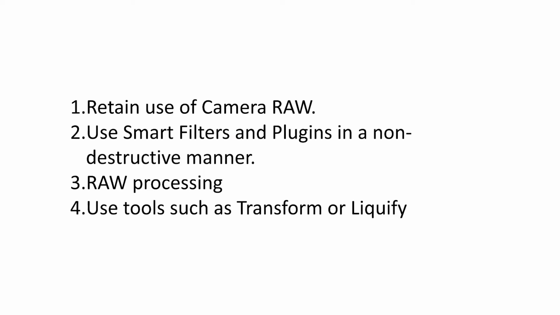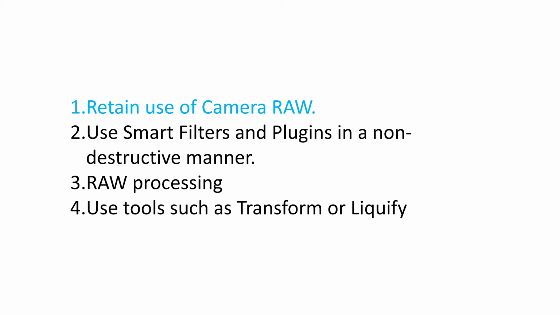We've already touched on the first one, that's retaining use of Camera Raw within Photoshop. Also going to take a look at using smart filters and plugins in a non-destructive manner, making use of smart objects. Take a look at using smart objects in raw processing. And finally, take a look at using smart objects in conjunction with tools such as Transform or Liquify.